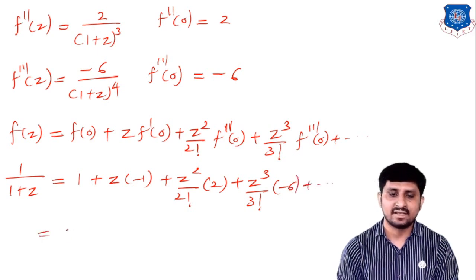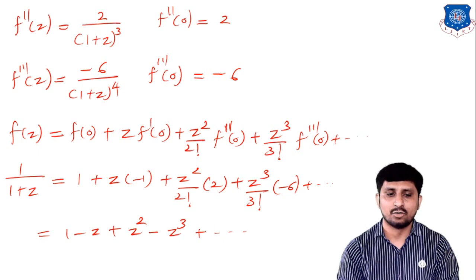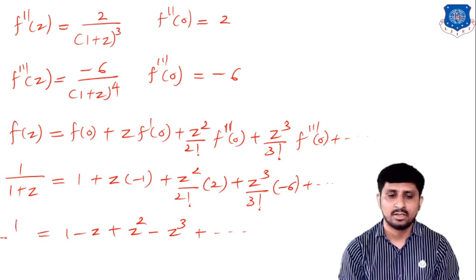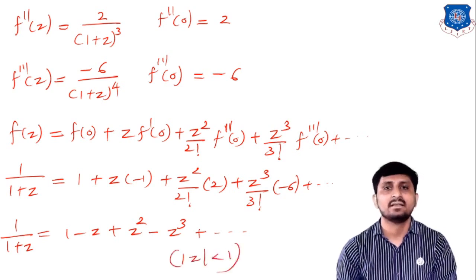So the final answer is 1 minus z plus z square minus z cube plus and so on. So this is the value of 1 upon 1 plus z as a Taylor series, and make sure what your region is. Region is mod z less than 1.